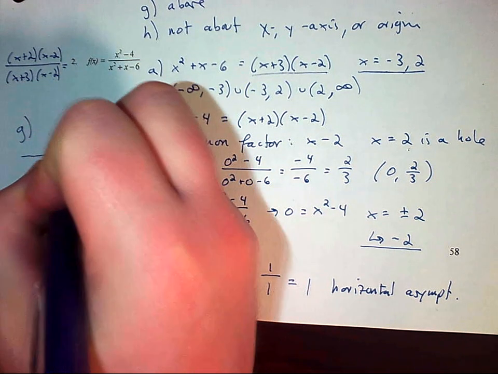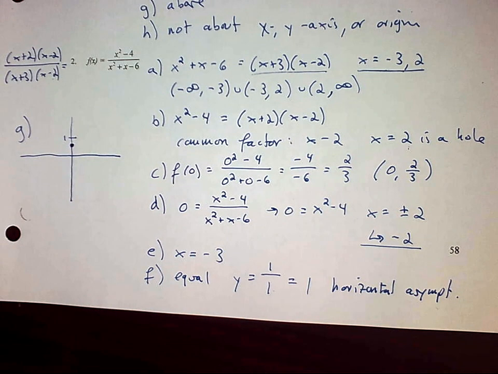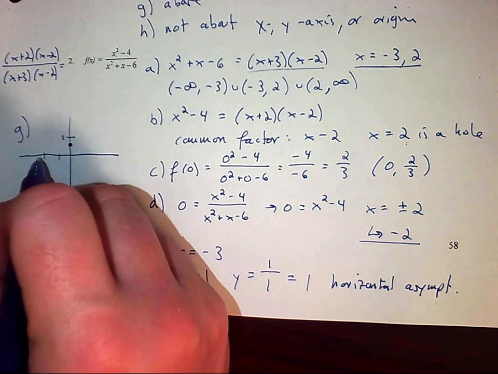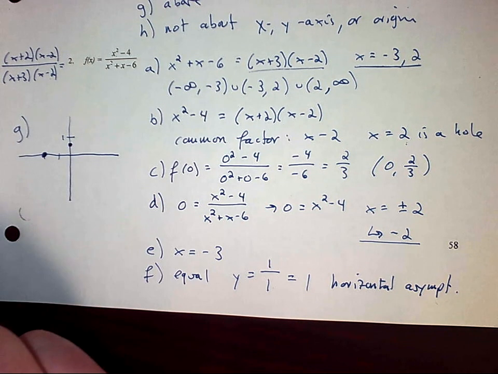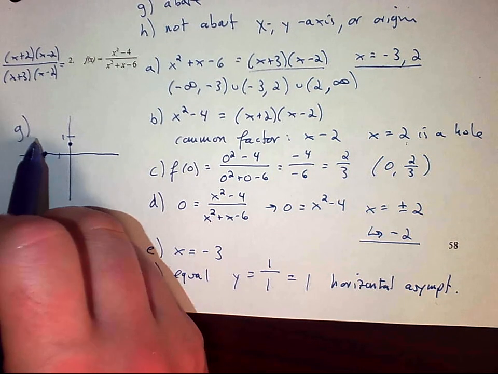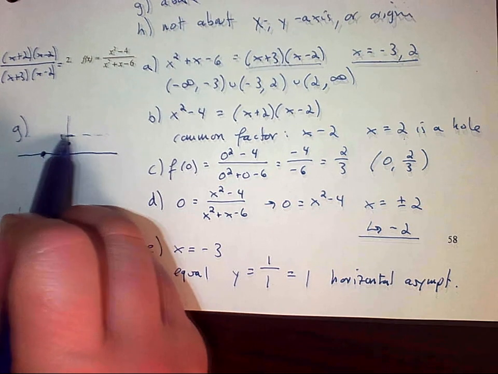So I'll call this one right here 1. So right here, this is going to be our y-intercept. Our x-intercept is at x is equal to -2, so we're going to be down here. And we have a horizontal asymptote at y is equal to 1. So here we're going to have some kind of horizontal asymptote.